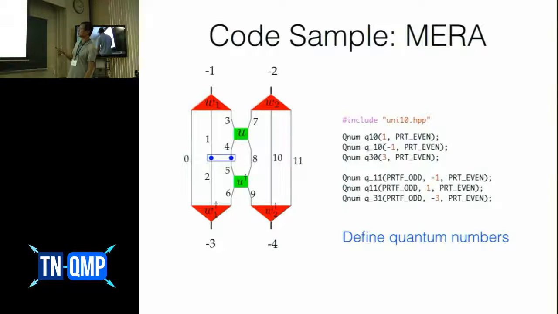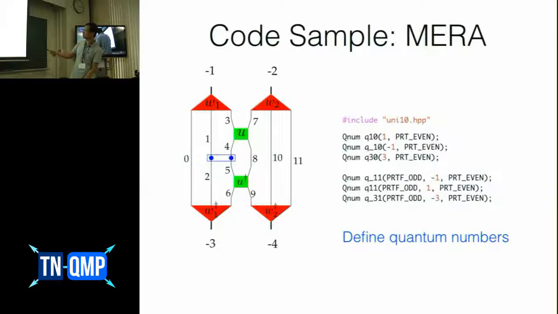All I need to do is define some quantum numbers. So these are the quantum numbers. I can have fermion parity even, and this is U1 charge 1, and this is Z2 parity even. And I can define fermion parity odd.